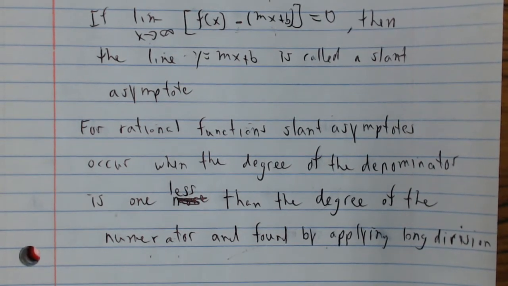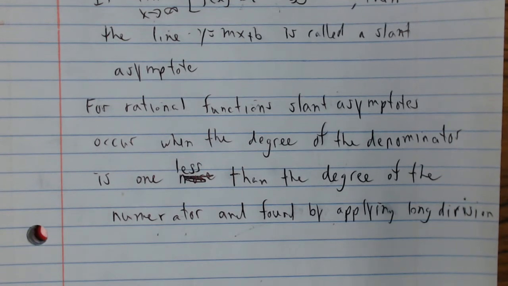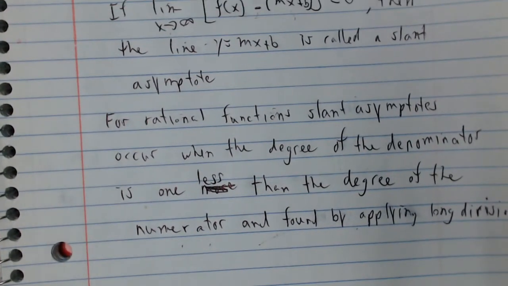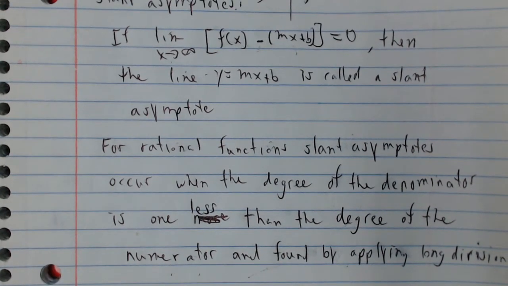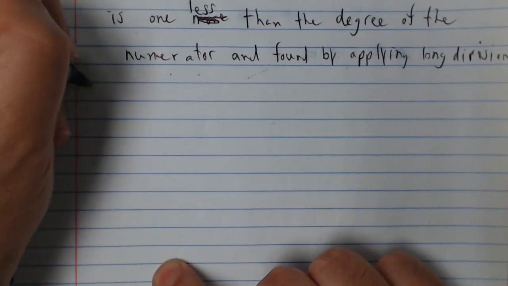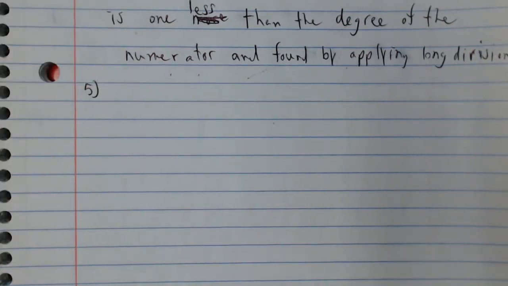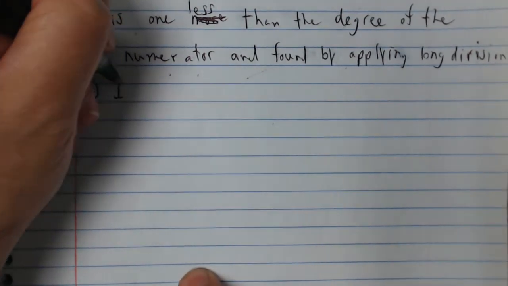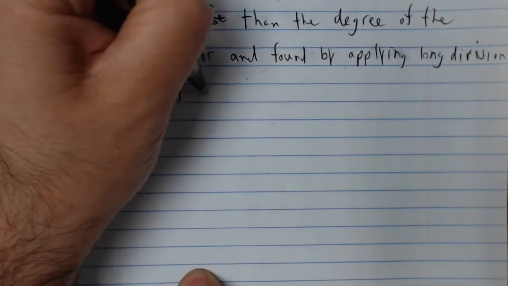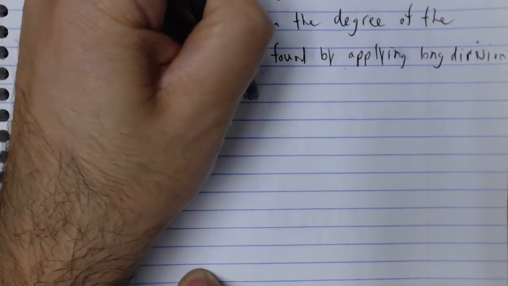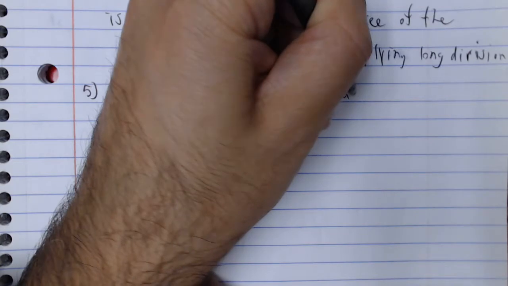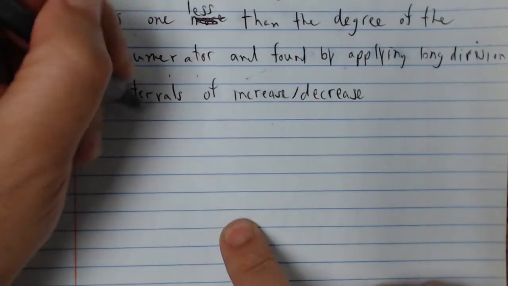Now, steps 5, 6, and 7 are where calculus kicks in. Steps 1 through 4 have been everything we've done in analysis. As far as step 5 goes, the next step is to find intervals of increase and decrease. How do we do this?